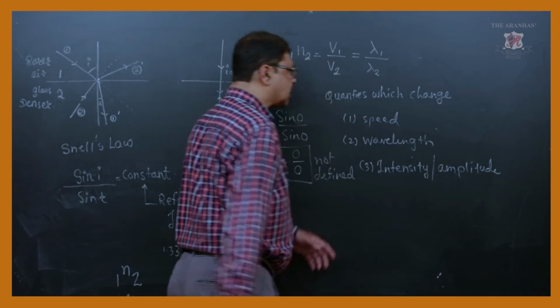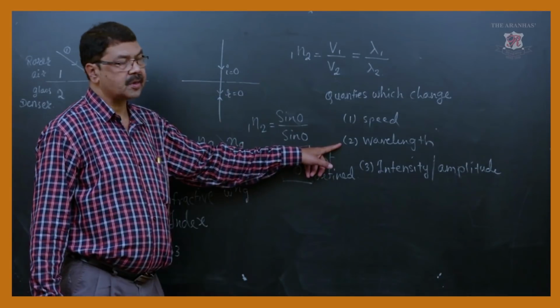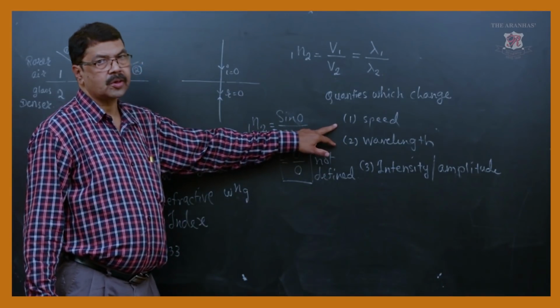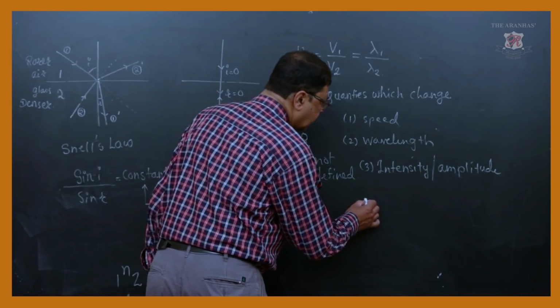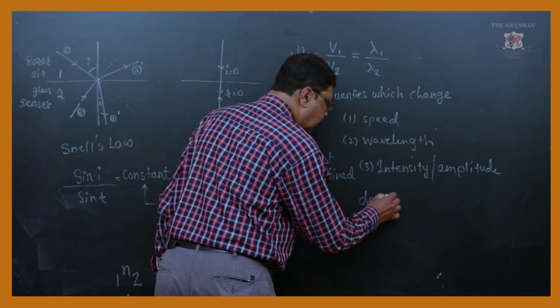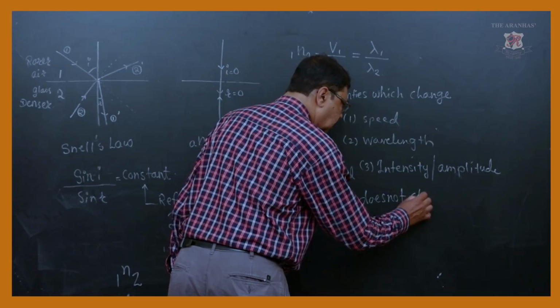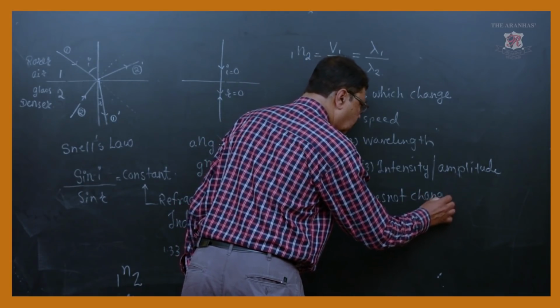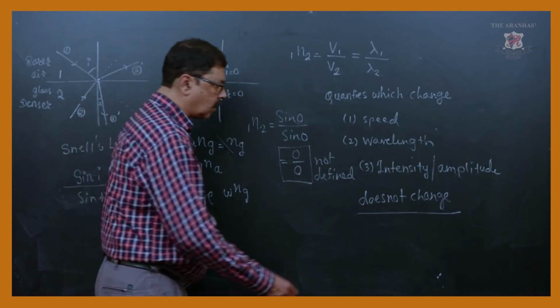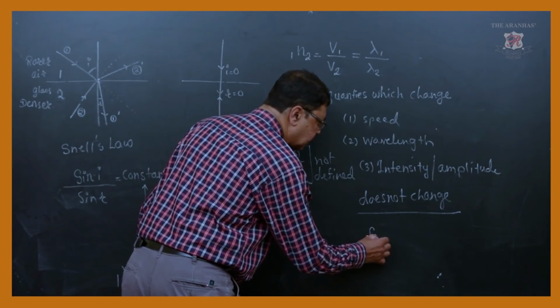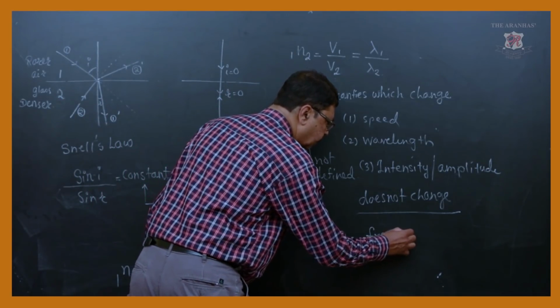Make a note of this, students, because many times multiple choice questions are asked on this part. And the quantity which does not change: there is only one quantity which does not change even if light enters from one medium to the other, and that is the frequency of light.